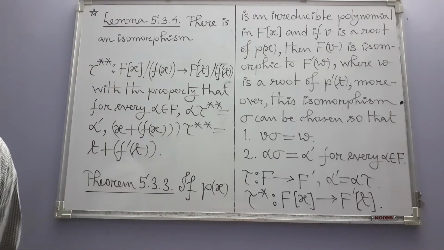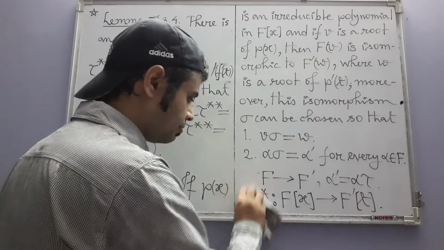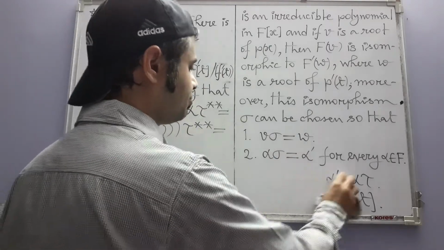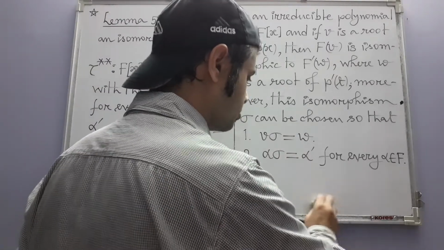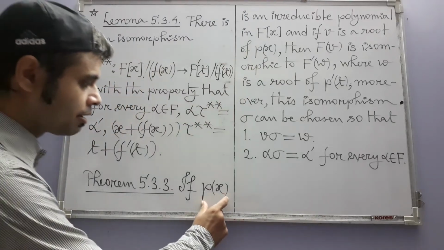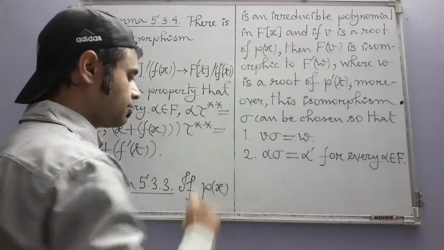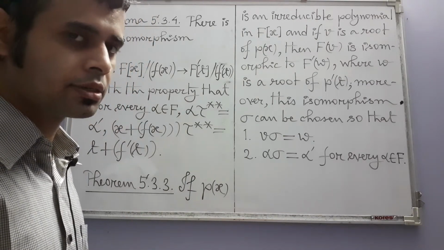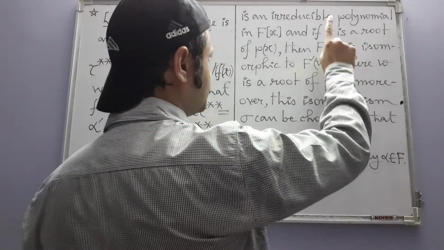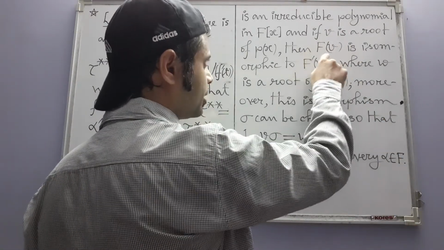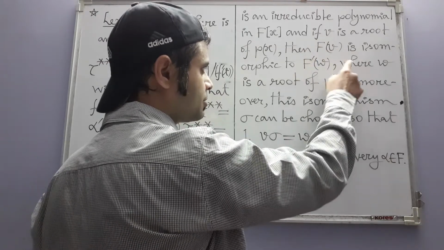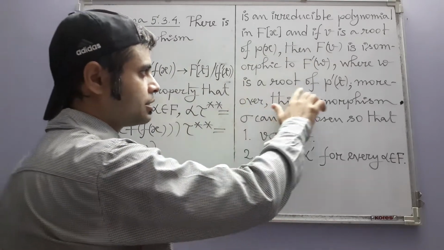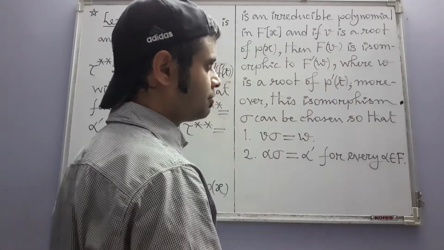What the theorem states is that we are given a polynomial p(x) over some field F, and p(x) is irreducible. This polynomial p(x) over F is irreducible, and it has a root v in some field extension of F. Then this field F(v), obtained by adjoining v to F, is isomorphic to F prime(w), where w is the root of this polynomial p prime(t).